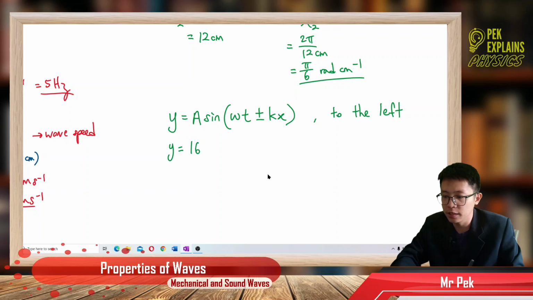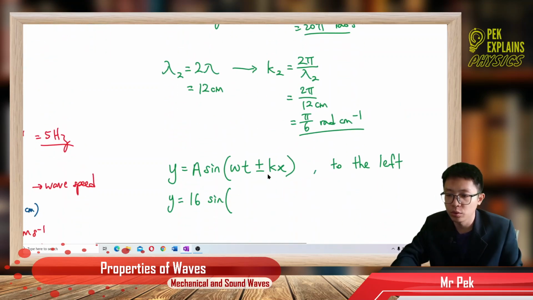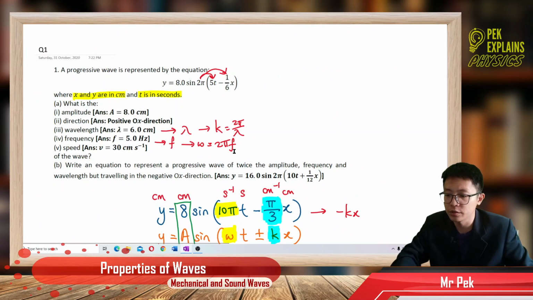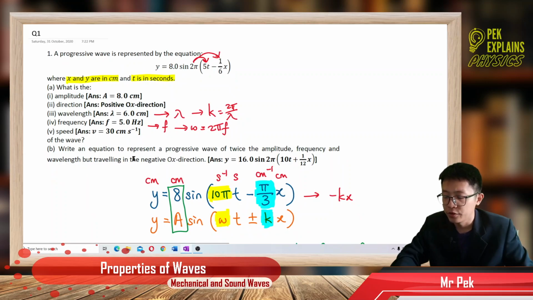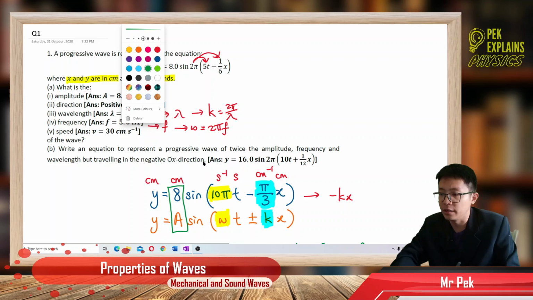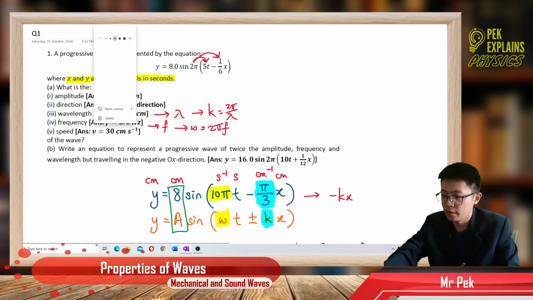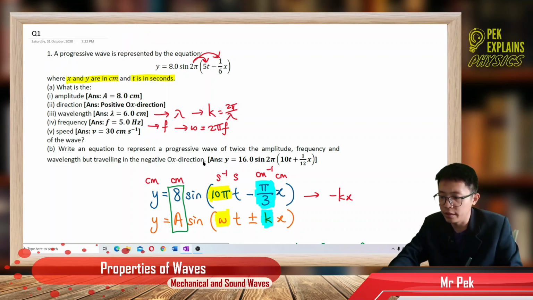My A is 16. And my omega is 20 pi, so 20 pi t. And he says the wave is traveling in the negative OX direction, negative X direction.